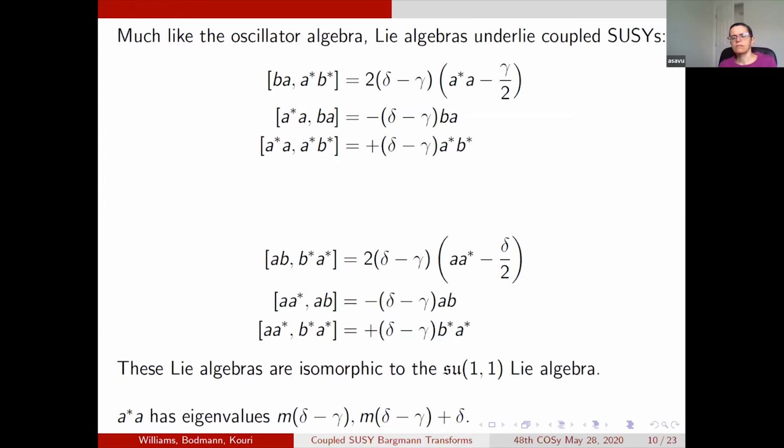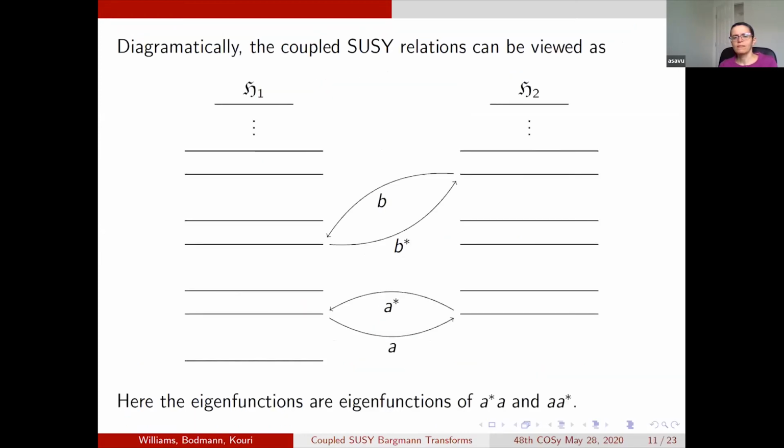And once you know the eigenvalues of A star A, you know the eigenvalues of AA star up to maybe an eigenvalue of 0. And then you can say the same about B star B and BB star because of the coupled equations. So that's enough. So diagrammatically, this can be represented as follows. Now these rungs are represented by eigenfunctions of A star A and AA star.